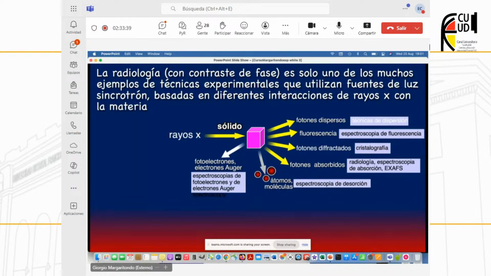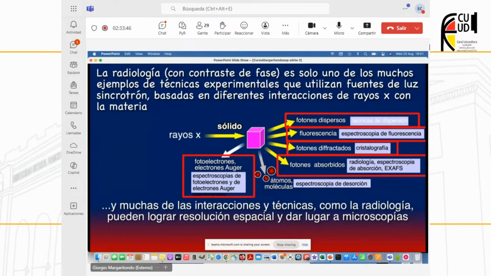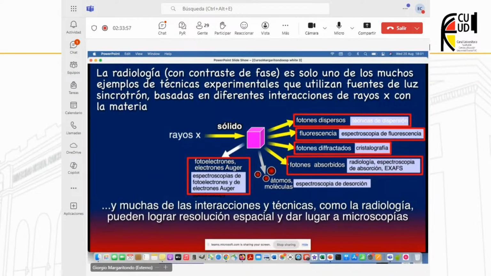That is, you're getting a variety of techniques. One important point is that many of these techniques can be implemented in a microscopy mode. As a matter of fact, if you're looking at the red frames, realize that almost all the techniques and almost all the interactions can be implemented basically in a microscopy mode with high lateral resolution.